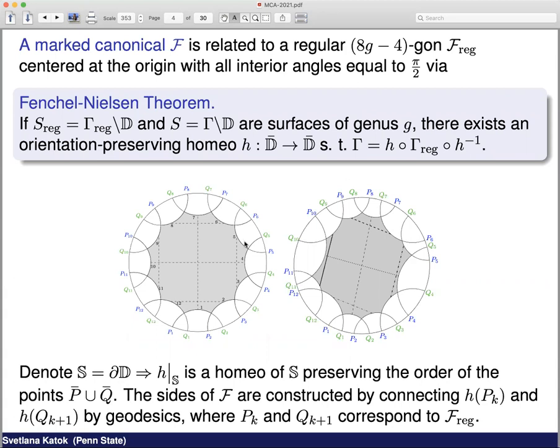So basically, if you have a regular polygon, then you apply H to the regular polygon. Each point P_k is mapped to H of P_k, and so with Q. And then if you connect the corresponding points with geodesics, you get the new fundamental domain.